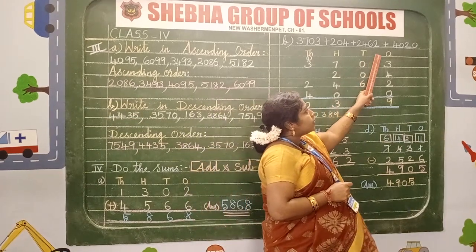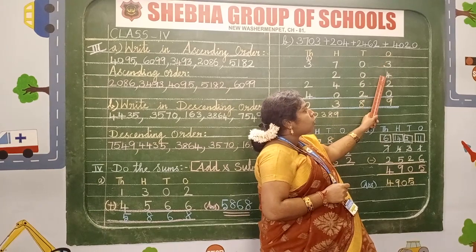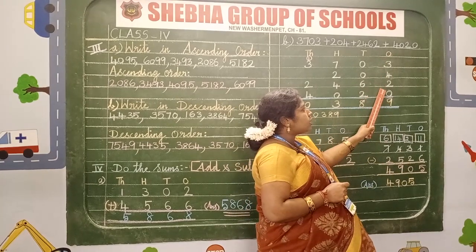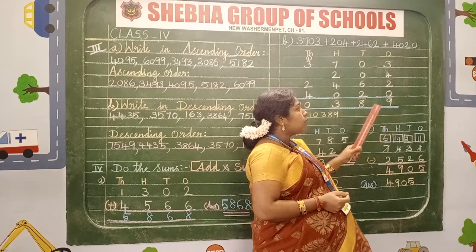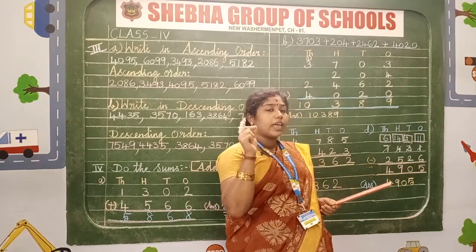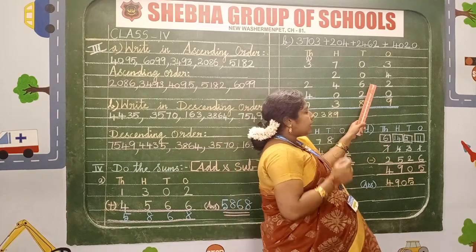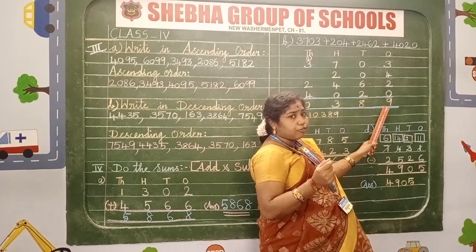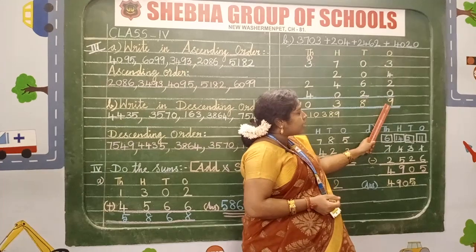Come on, children. Let us add this. From ones we are going to add 3 plus 4, 7. 7 plus 2, 9. 9 plus 0, 9. So if we add a number with 0, we get the same number. Mind that, children. So 9 you have to write in the ones place value position.